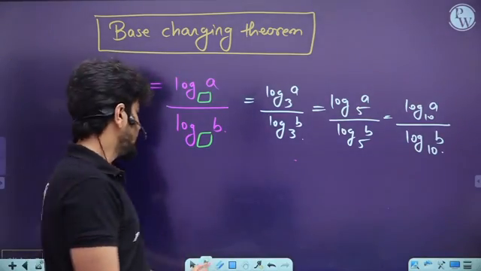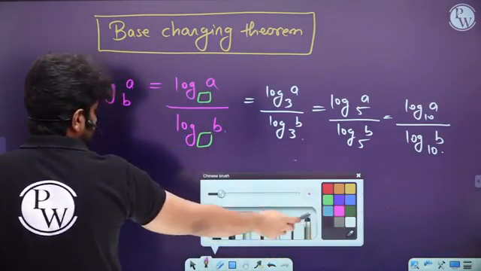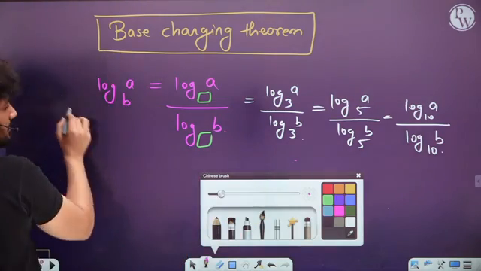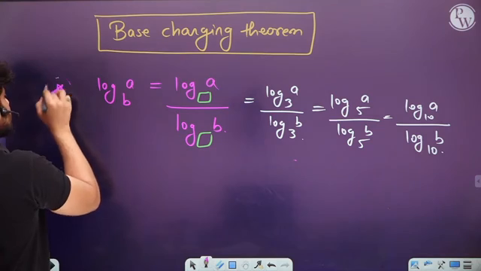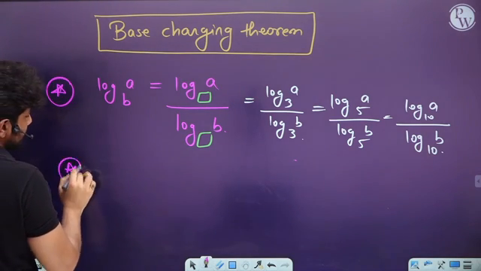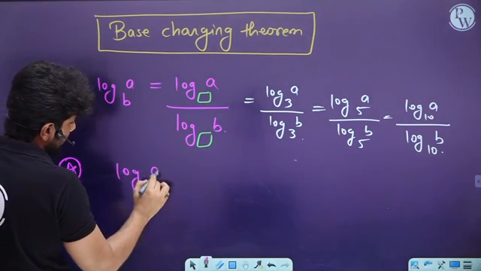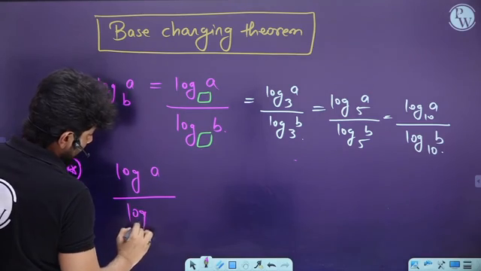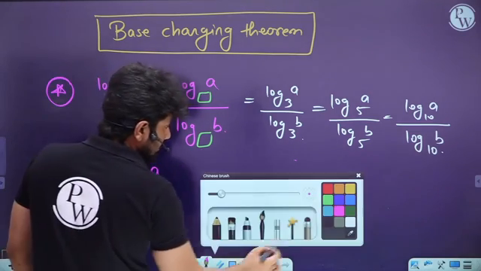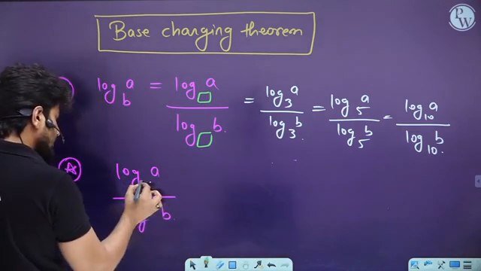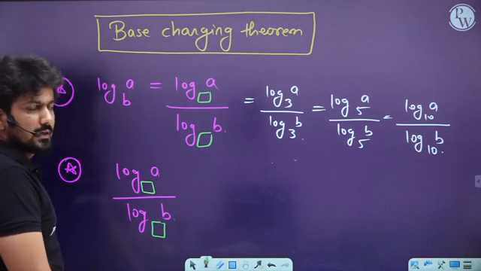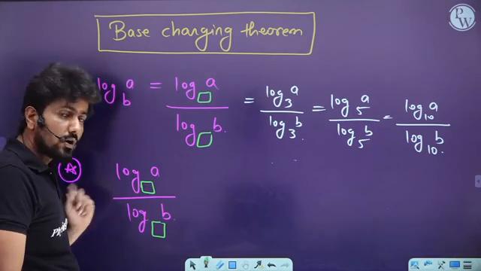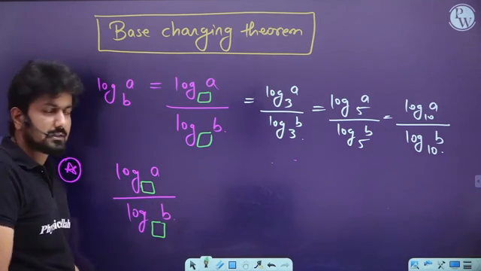Vice versa means that, okay, this is the first property, now understand the vice versa. Suppose it is written that log of a upon log of b and their base is the same. Of course, the base has to satisfy the condition that the base should not be equal to 1 and the base should be positive.